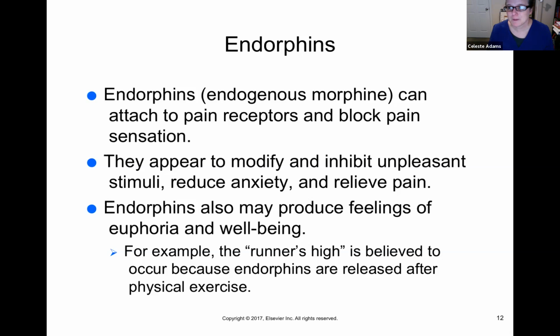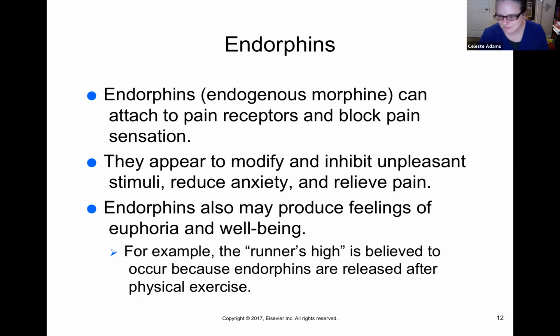Or maybe their grandkid, they may be feeling crappy all day long and being in pain all day long, and boy, those grandkids walk through the door and everything is beautiful. All the pain's gone away. That relates to endorphins in relation to pain.